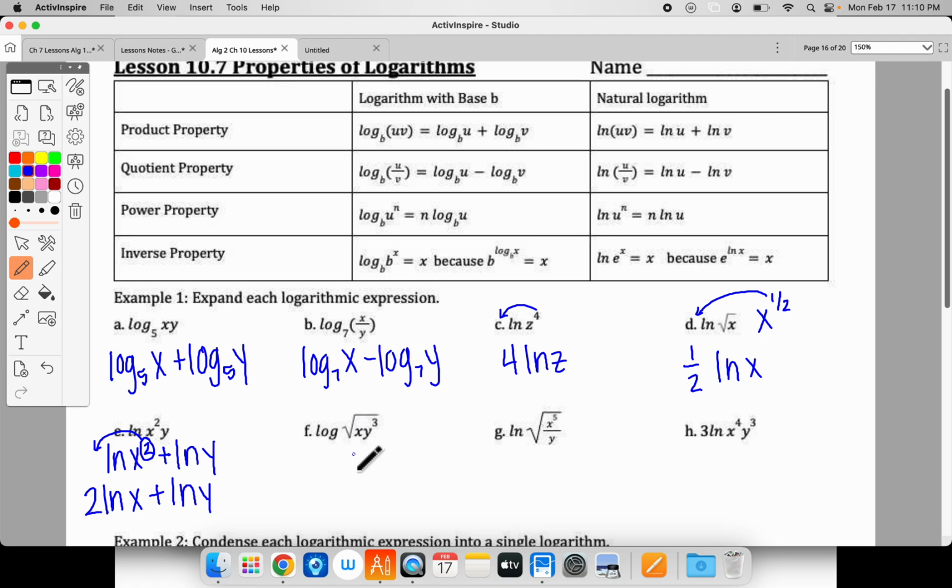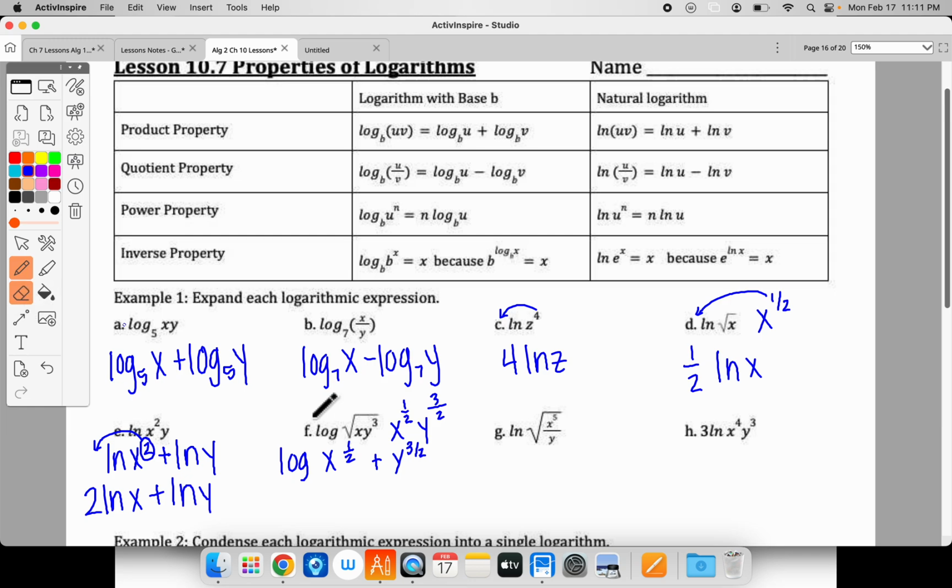Again, square roots can be rewritten as exponents. So that's actually x to the 1/2. And then y is already 3. But 3 times 1/2 is just 3/2. And then you can rewrite it. So multiplication can be rewritten as just addition.